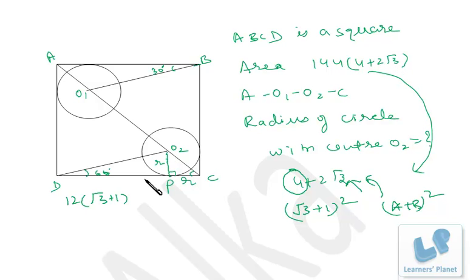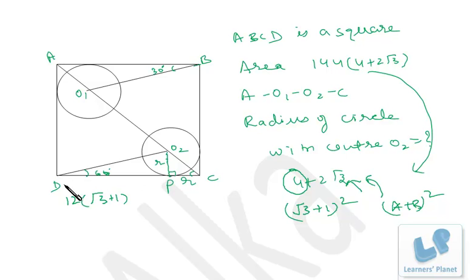Now I'll be using trigonometry over here to make the problem simpler. As I have told you in my basic sessions also, you should be knowing the basic trigonometric ratios and their values. Here the relationship between this and DP. See, this 12 root 3 plus 1 is the complete DC, right? The entire length. I am interested in DP.